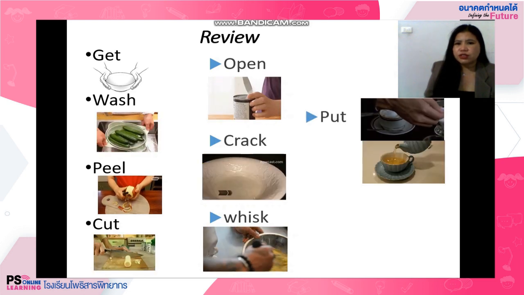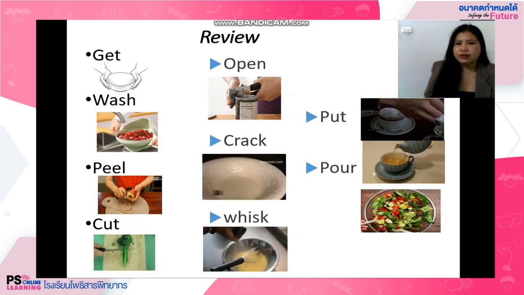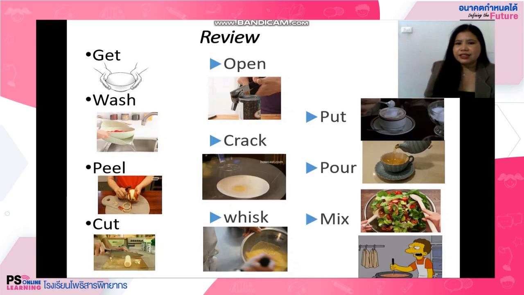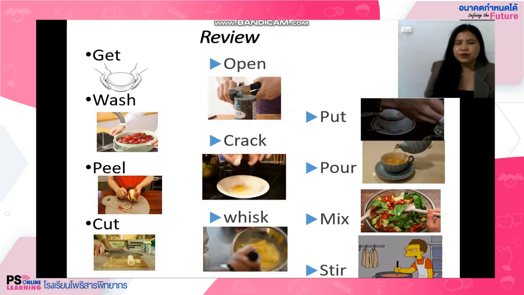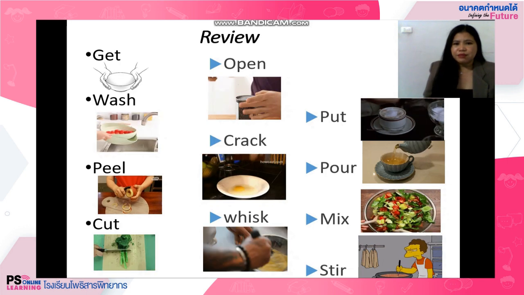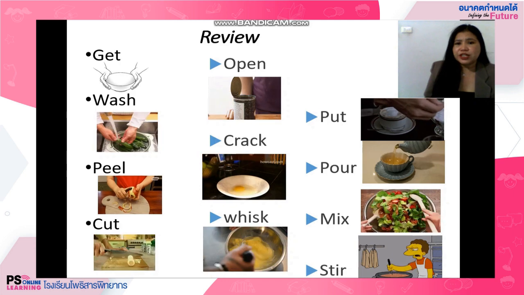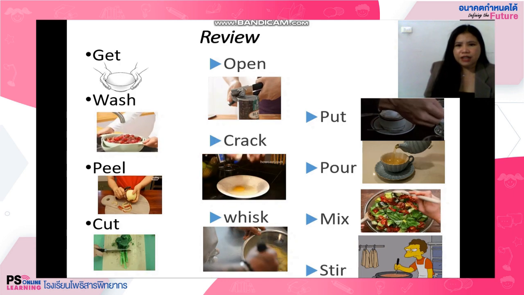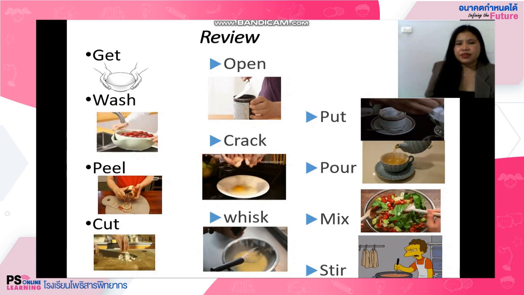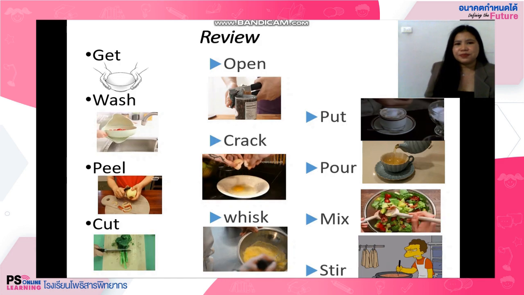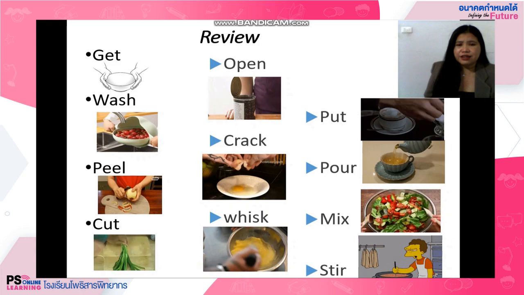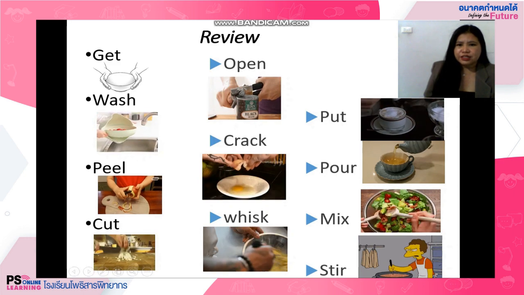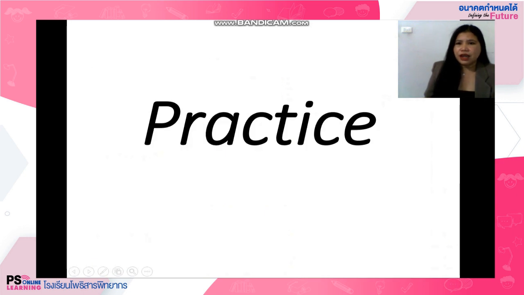Then you have put, pour, mix, and stir, okay? So I will give you a little time to remember those words because we are going to practice. Okay, remember them. Okay, so I think you are ready for practice.